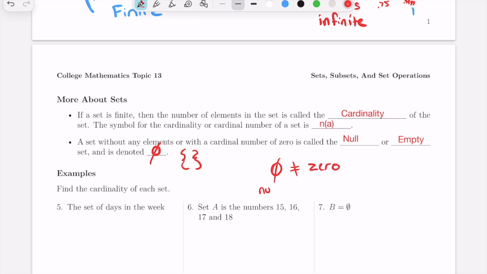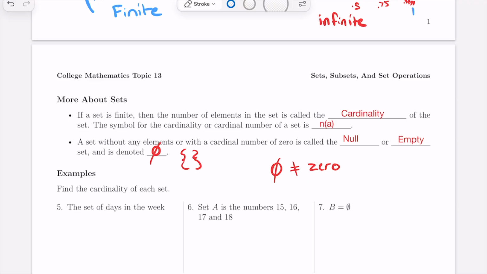This symbol is the null symbol, and it means the empty set, okay? So it's not a 0. If you are in the habit of writing your zeros with a slash through them, me as a math teacher, that's tough for me to grade, but it's up to you, I guess. Just know that in math, when we put this circle and a slash through it like that, that means the null set or the empty set.